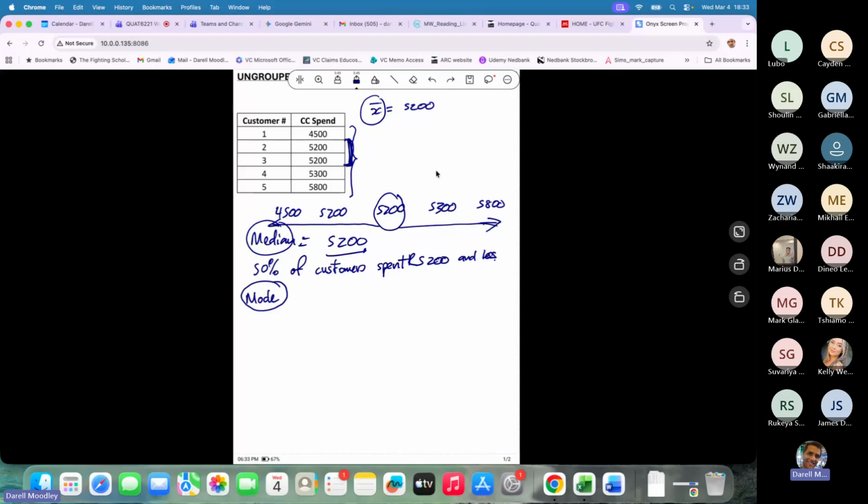So that is the mode because it occurs the most number of times. So in our case, the mode is also 5,200 because it is the most frequent value. In other words, it is the most frequent spend amount by customers.